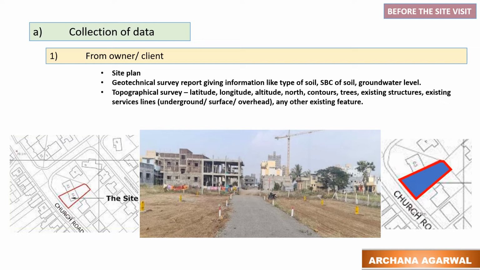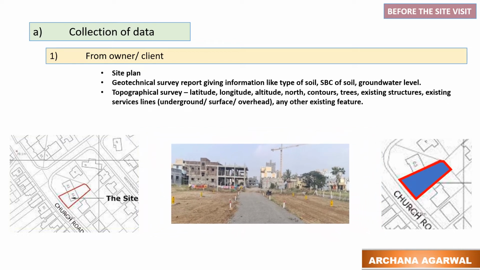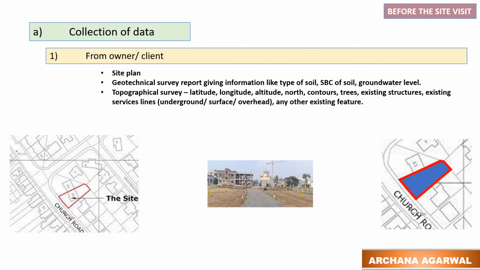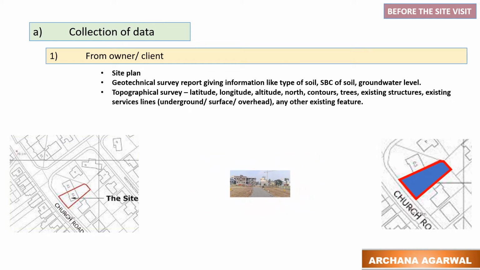However, if no such investigation has been carried out by the client, then an architect can obtain all this data easily from the internet. I will explain how to do this a bit later in this video.